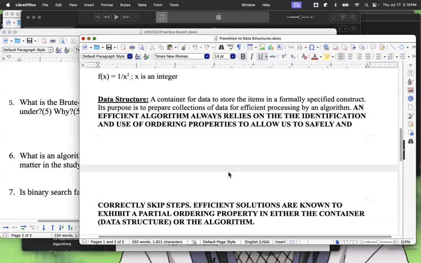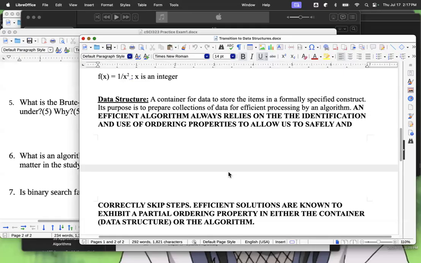We know that the tree has a partial ordering property between the positions of the nodes. So being able to find what we're looking for means that we can traverse the different nodes back and forth based off of greater than, less than, left or right, and then find what we're looking for without searching the entire tree, because the partial ordering property is within the actual data structure there.